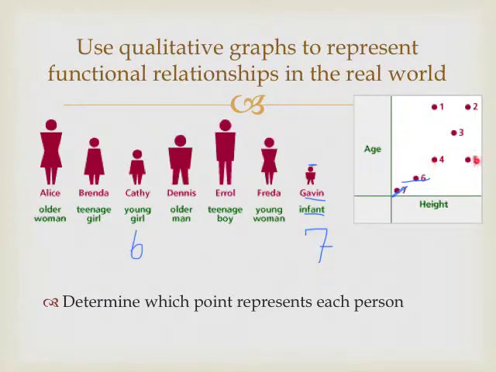So out of 4 and 5, which have the equivalent age, 5 is taller, 4 is shorter. So if I'm looking at Brenda and Errol, I'm going to say that Brenda is the shorter one, so she is 4. Errol is the taller one, so he is going to be 5. Okay, you can kind of see how this goes.